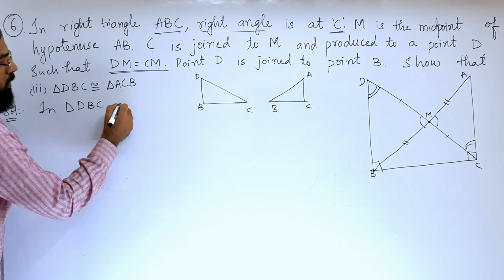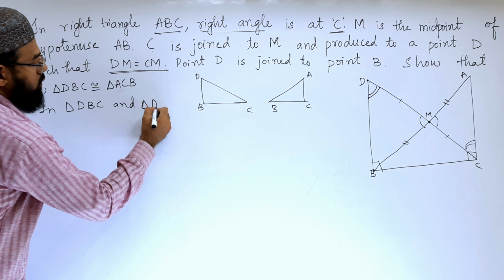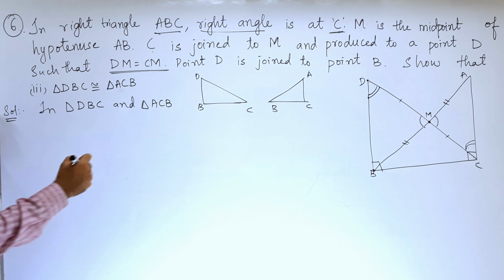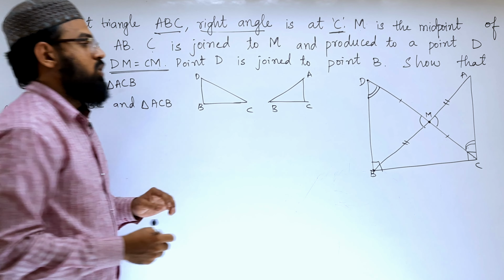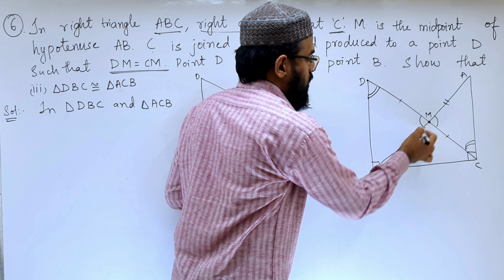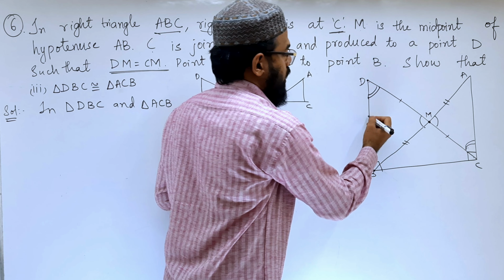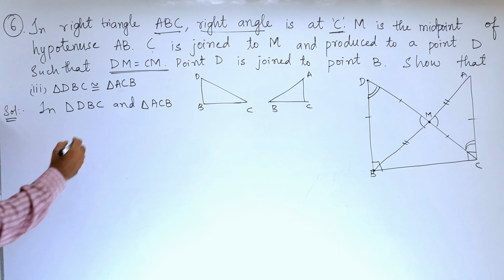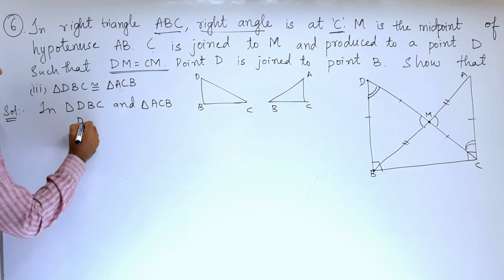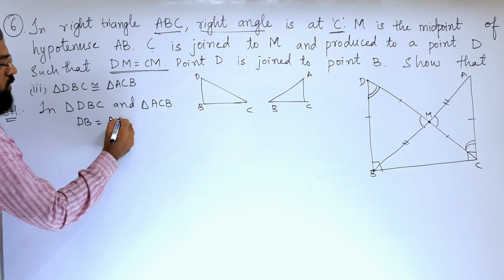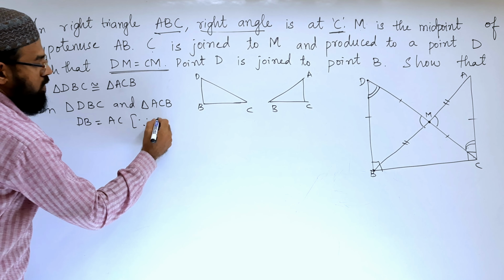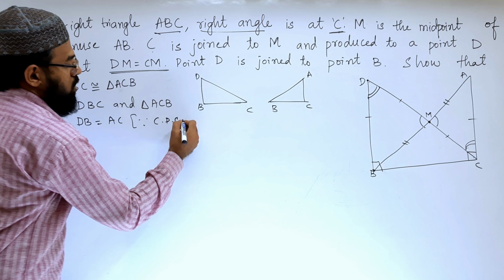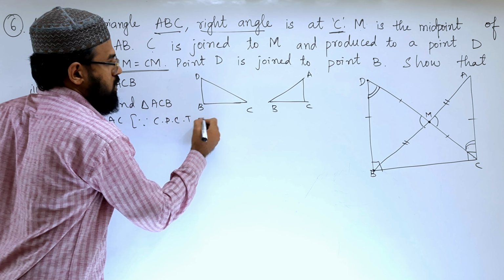We have already proved that the earlier two triangles are congruent, so their corresponding parts we can take. DB is equal to AC. These are corresponding parts of congruent triangles.